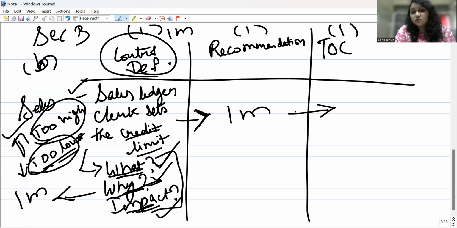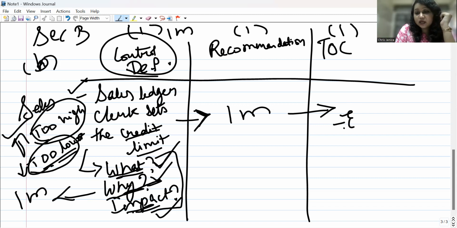Now, test of controls. We make test of controls to know whether the controls are appropriately in place, right? Now, we can inquire with the sales ledger clerk about who is going to set the credit limits. Is there any responsible official or a senior person who sets the credit limit?